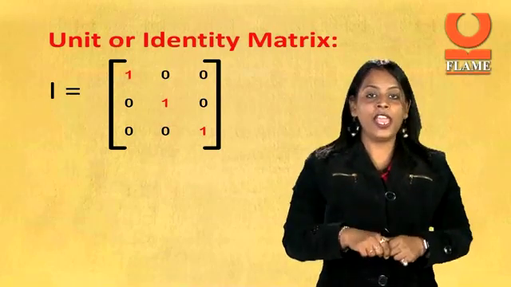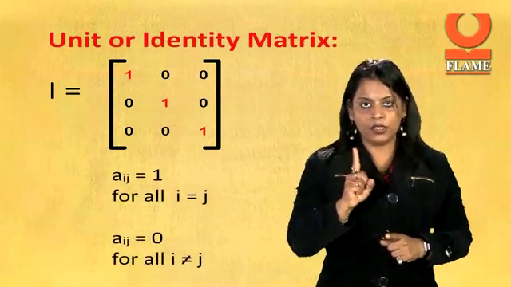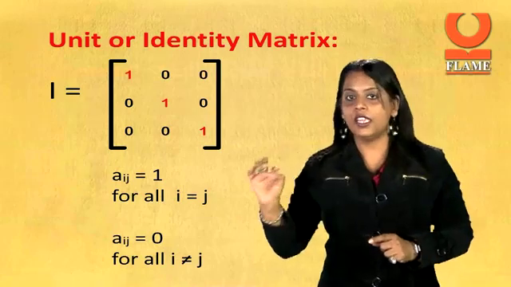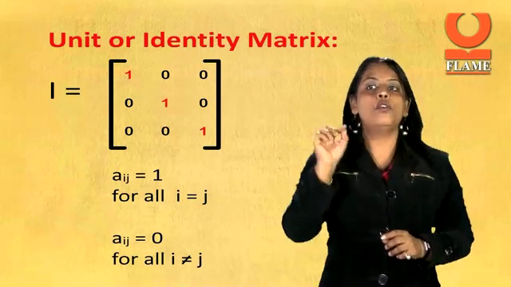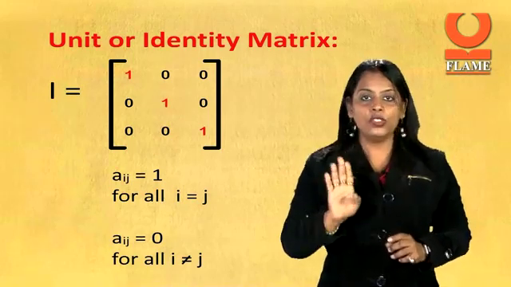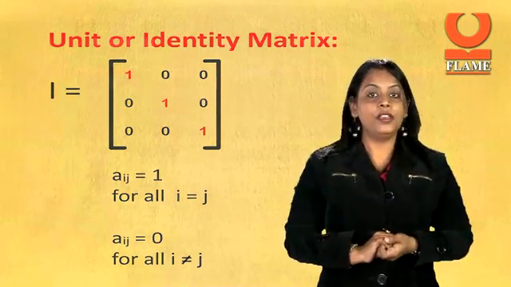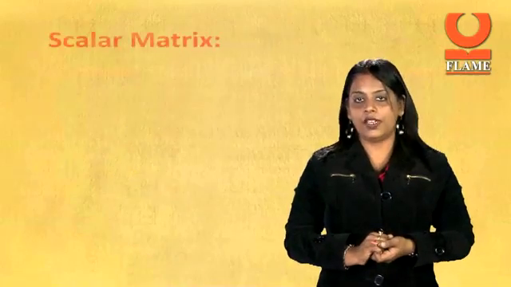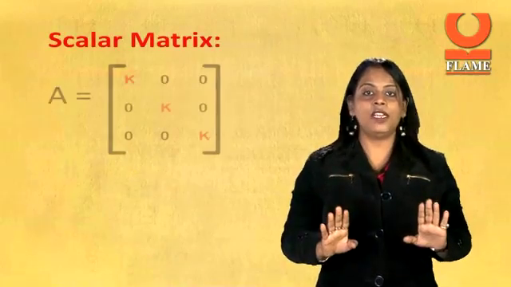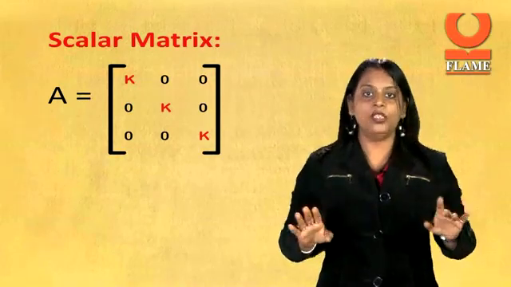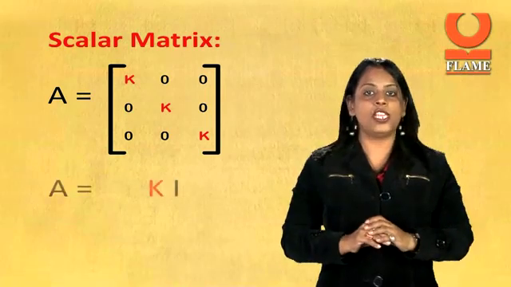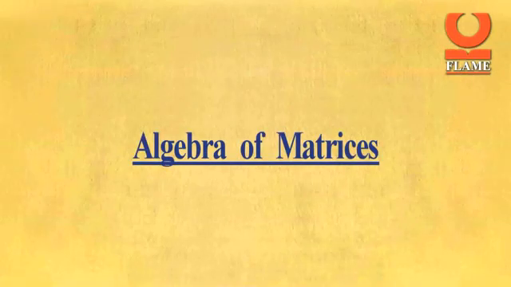That is, Aij is equal to 1 for all i equal to j and Aij is equal to 0 for all i not equal to j. Ninth, scalar matrix. It is a diagonal matrix in which all diagonal elements are equal, that is A equal to kI.